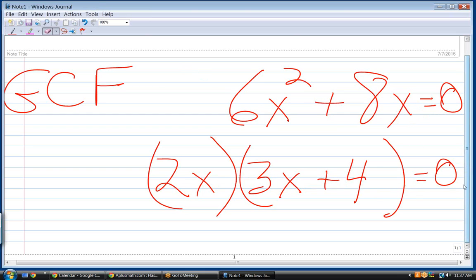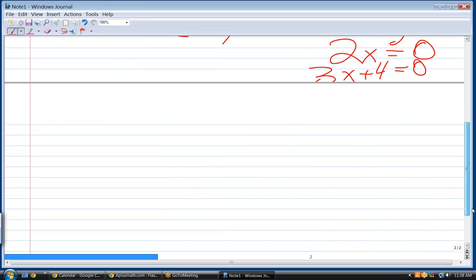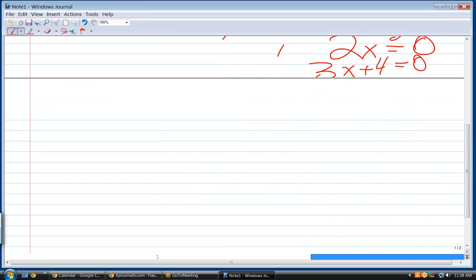Now, if this is true, if 2x times 3x plus 4 equals 0, well then it means either 2x is equal to 0 or 3x plus 4 is equal to 0. And those are two equations that I can solve. Solve this one for me. What's x equal to? 0.